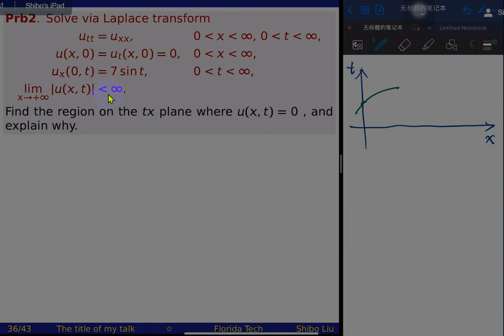So let's solve this problem, and we are required to solve this using Laplace transform. Again, we need to determine which variable the Laplace transform is applied to. Now we see that the initial condition means that when t equal to 0, u is 0, and the derivative is also 0. So it is good to apply the Laplace transform with respect to t.